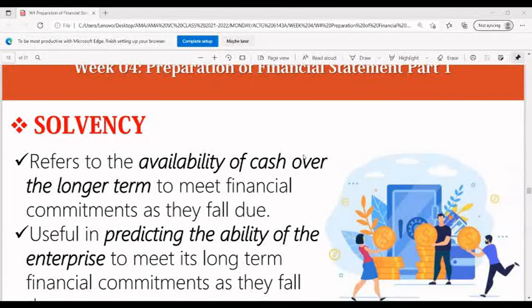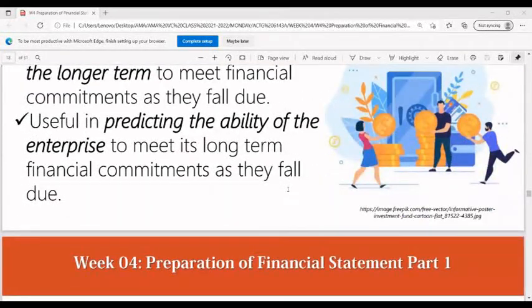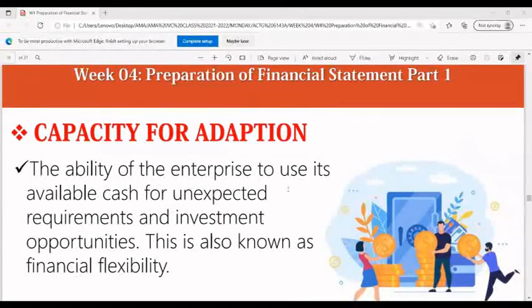It is useful in predicting the ability of the enterprise to meet its long-term financial commitments. Capacity for adaptation is the ability of the enterprise to use its available cash for unexpected requirements and investment opportunities. This is also known as financial flexibility.